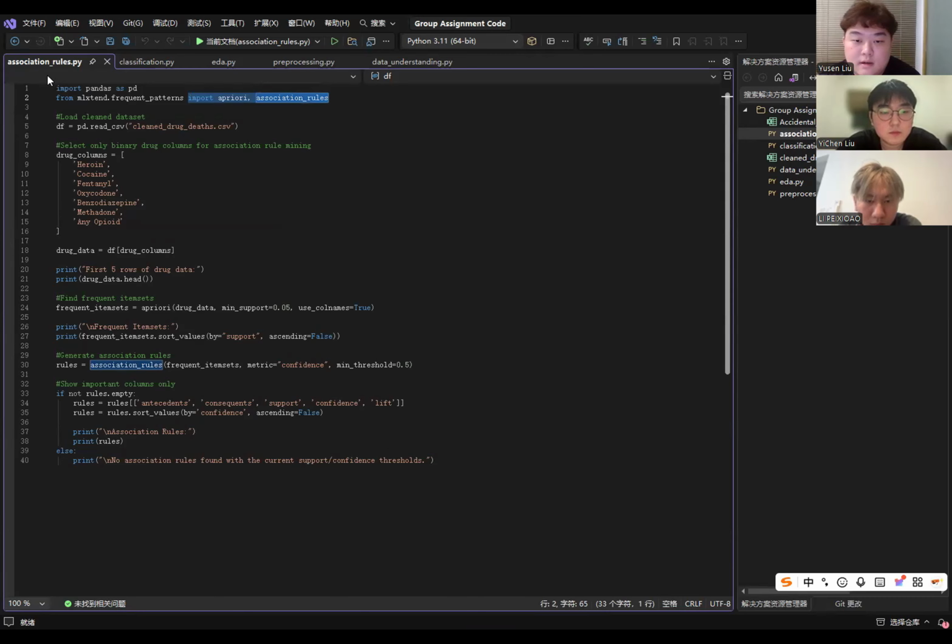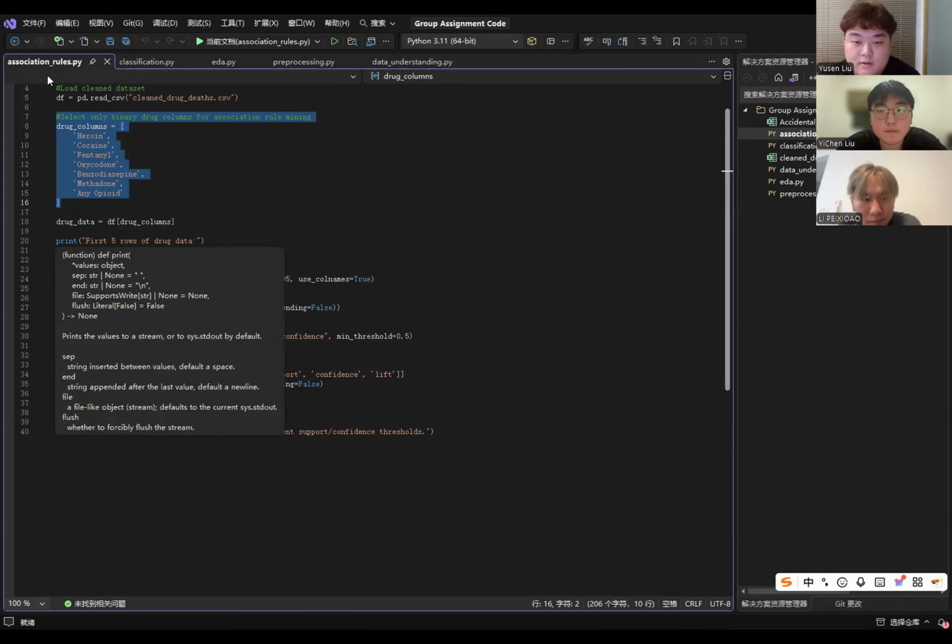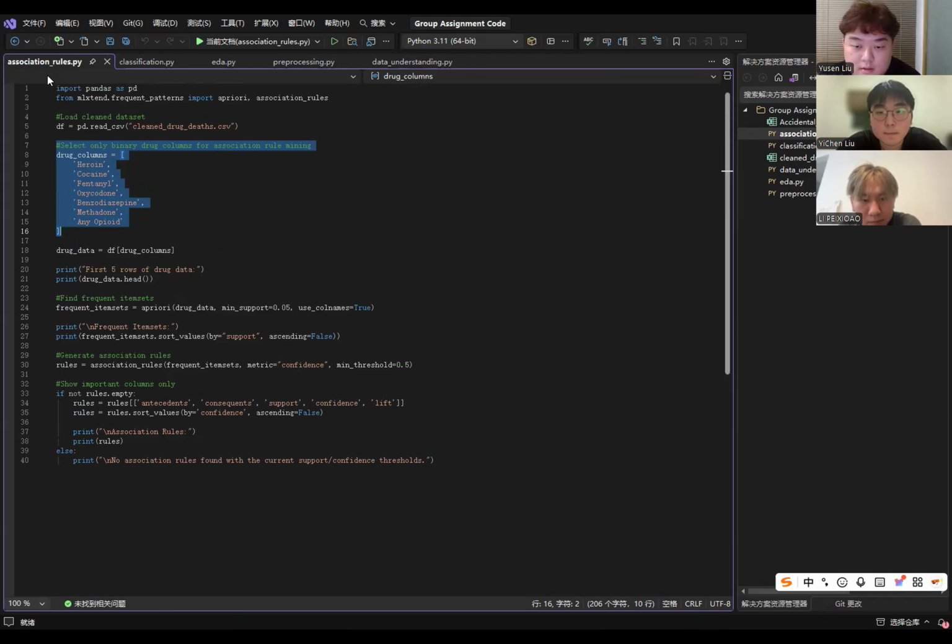And here we load the clean data again. In this part, we only keep the drug columns with 0 and 1 values, because the association rule mining works better with true or false data, which show yes or no. And this line runs the Apriori algorithm.